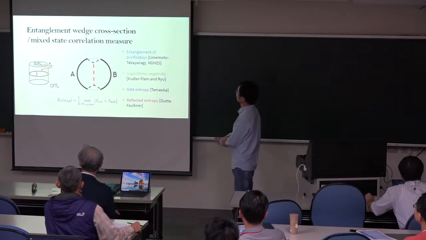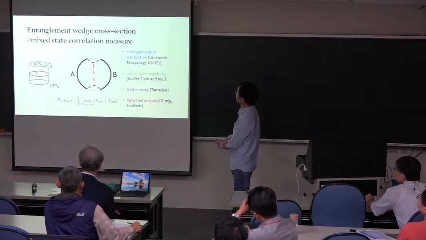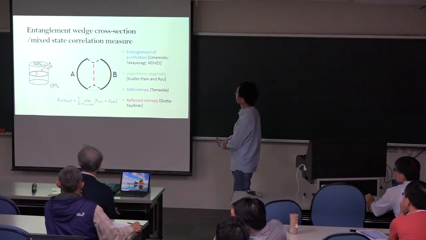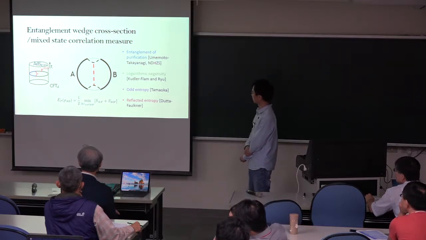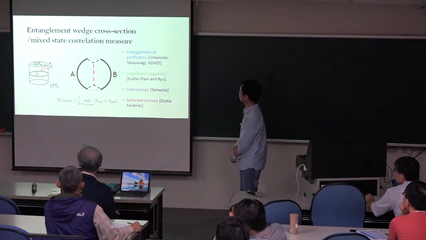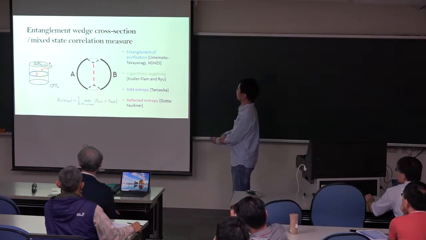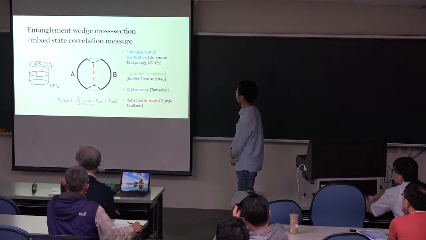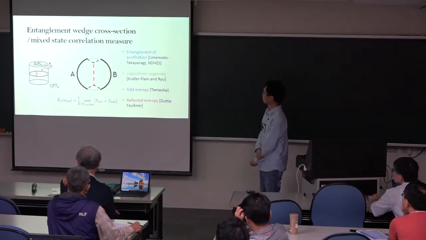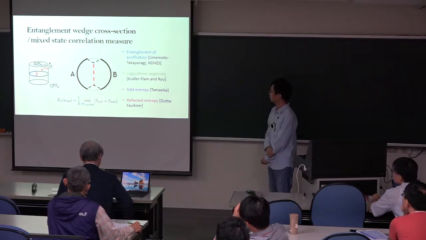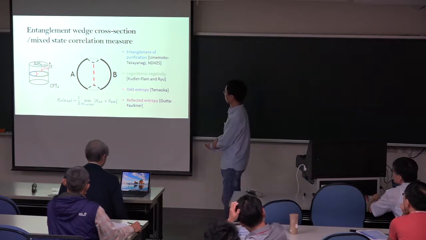This was interpreted in CFT language as the so-called entanglement of purification by two groups. And there are also some other identifications to CFT quantities, like Rényi reflected entropy, odd entropy, including the recent one, which is reflected entropy.